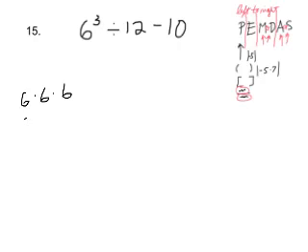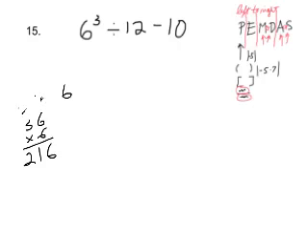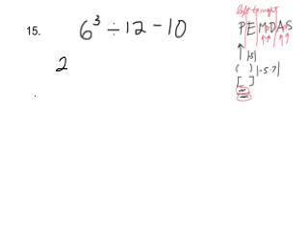So 6 times 6 is 36 times 6. 6 times 3 is 18, plus 3 is 21. Okay, so 216 divided by 12 minus 10.